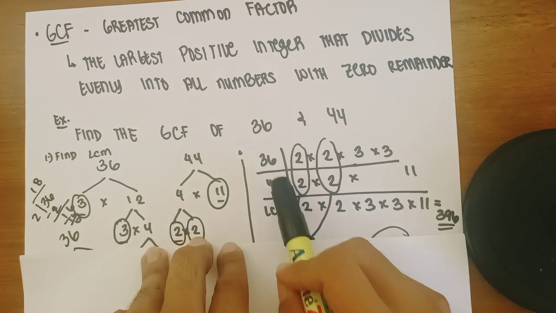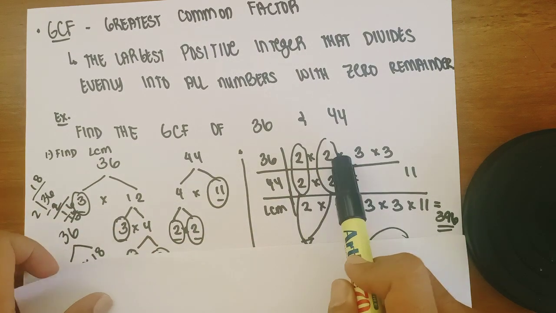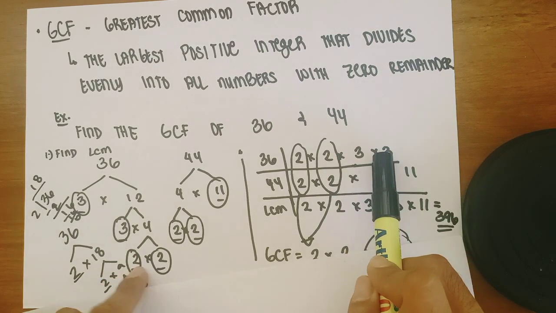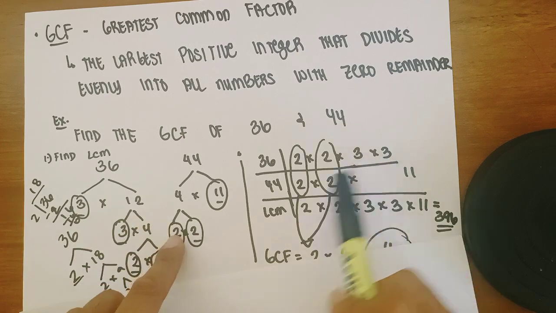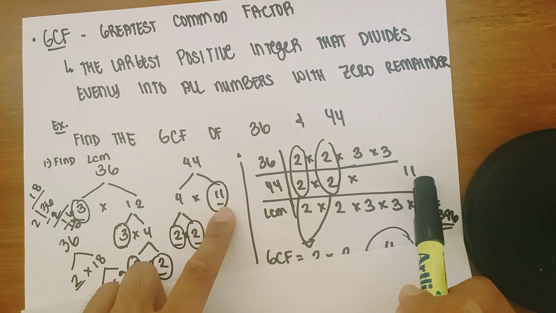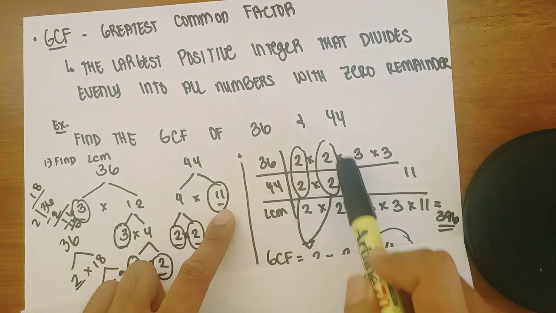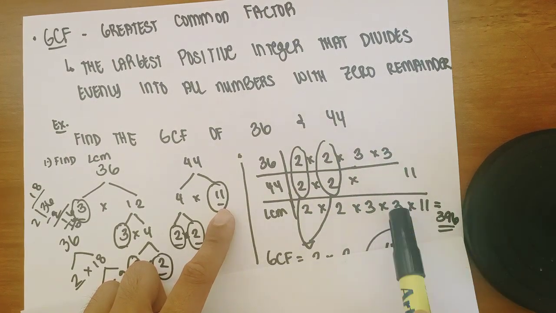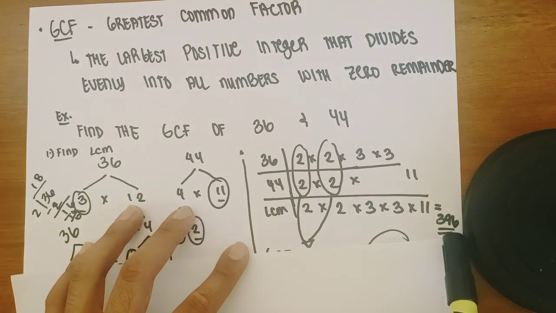So, sa table na to, 2 times 2 times 3 times 3. Next, 2, 2 times 11. Ihilera natin lahat ng mga same, di ba? So, 2, 2 times 3 times 3 times 11. So, ang LCM niya is 396.